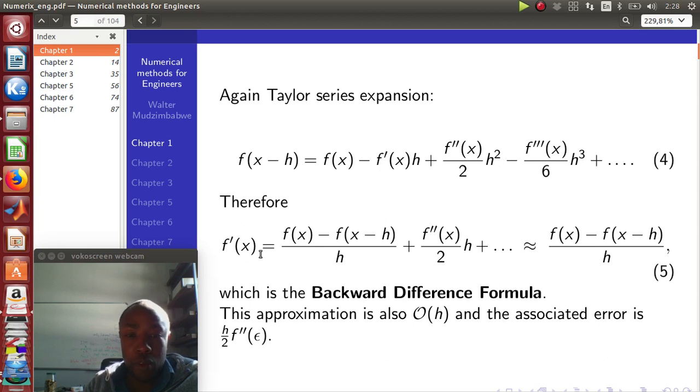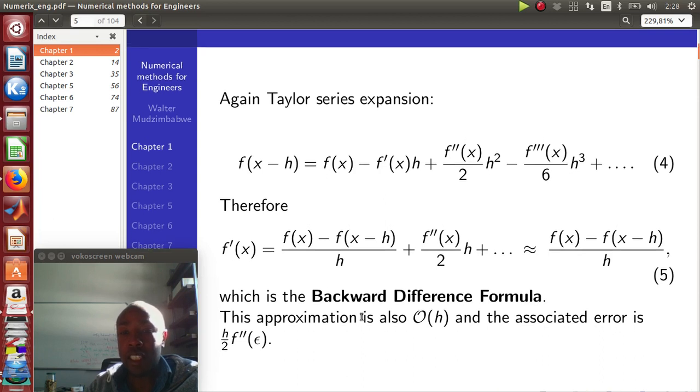Why is it backward difference? It's because of these two terms, x and x minus h. As you can see, this term x minus h is before x. That means it's the backward difference formula.